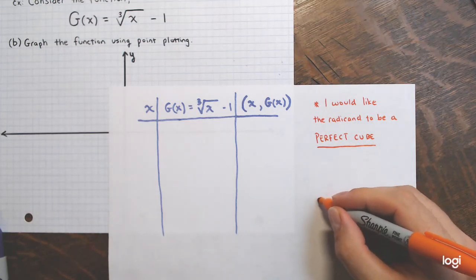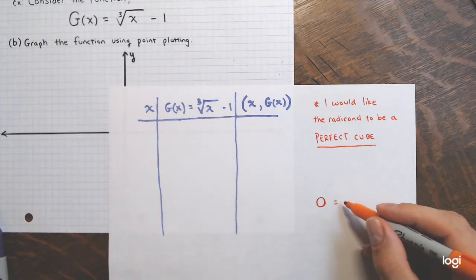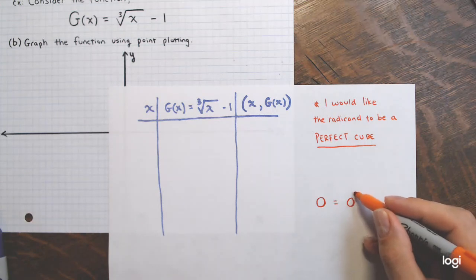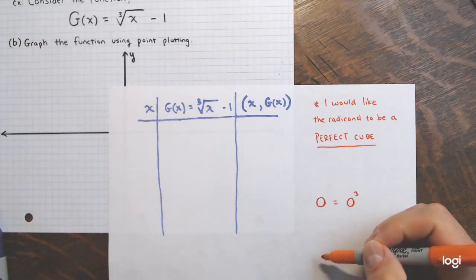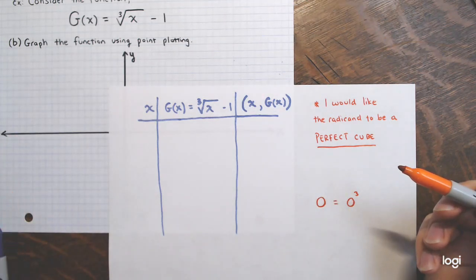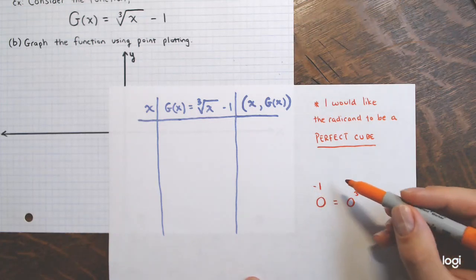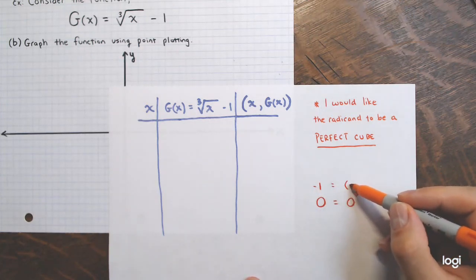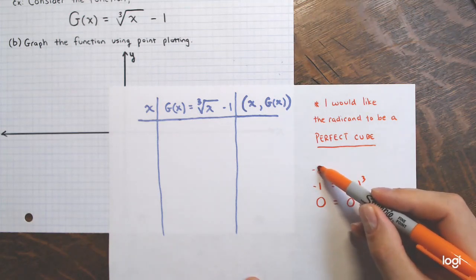Well, 0 is a perfect any power. 0 is a perfect cube. You can say that's 0 to the third. And then there are positive perfect cubes and there are negative perfect cubes. It's not like your even powers where they're always non-negative. So negative 1 is a perfect cube. That's negative 1 to the third power. Negative 8 is a perfect cube.